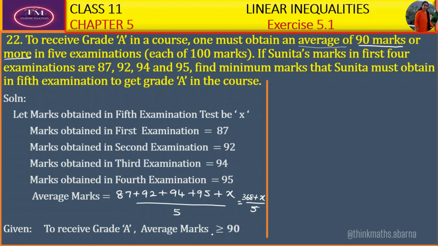So we will have the inequality (368 + x) divided by 5, which is the average marks, greater than or equal to 90. Now we have to solve the inequality. So to avoid this 5, we will multiply by 5 on both sides.